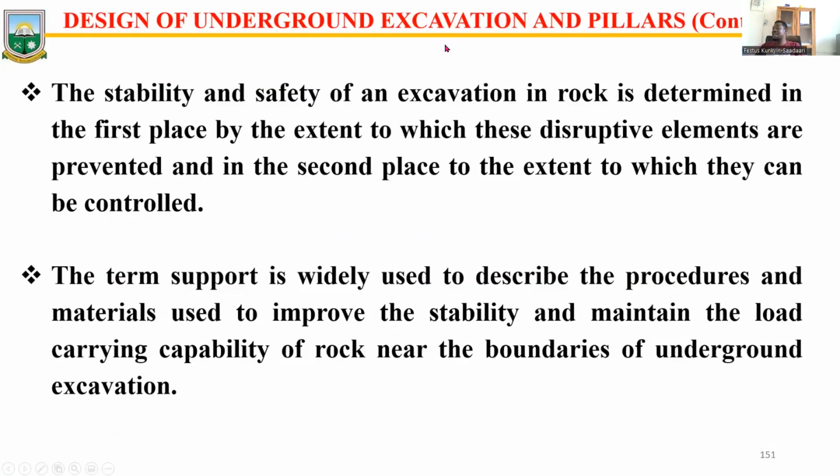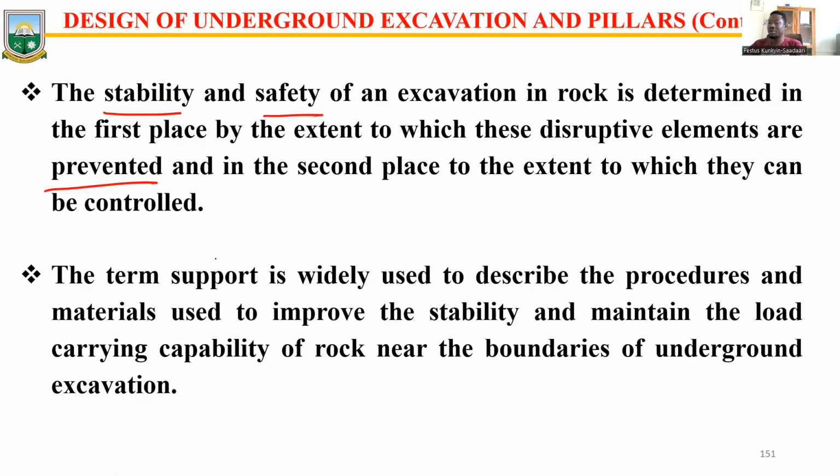So the stability and safety of an excavation in rock is determined in the first place by the extent to which these disruptive elements are prevented. When we get to any mining activity, for example underground operations, as soon as we mention the word stability and then safety, what we are interested in is to bring about prevention of anything that has dire consequences for us.